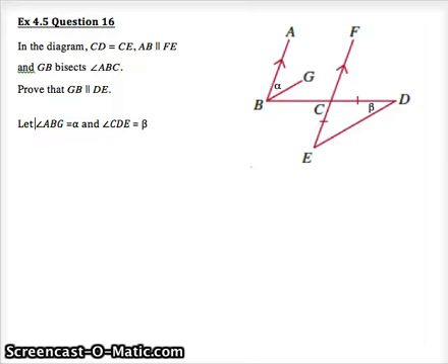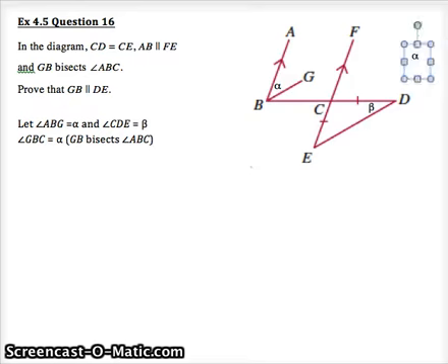Okay, let's work around this angle here, angle ABC. Again, we know that GB bisects angle ABC, so therefore angle ABG is equal to angle GBC, and they're both equal to alpha. So let's write that down. We put that angle GBC, this one here, equals alpha because GB bisects angle ABC.